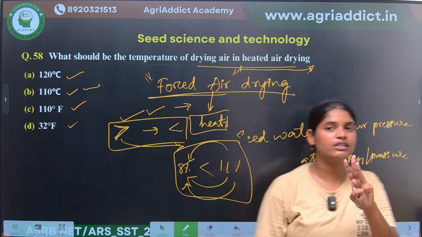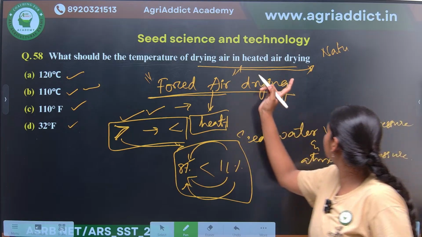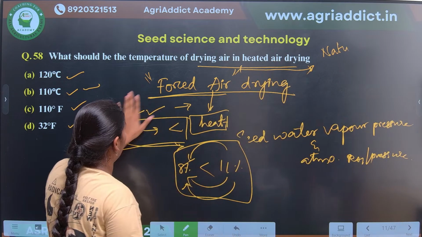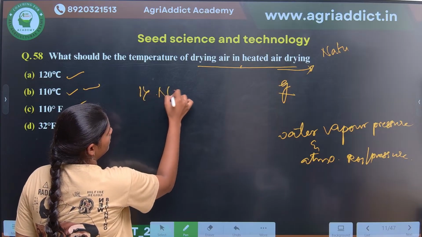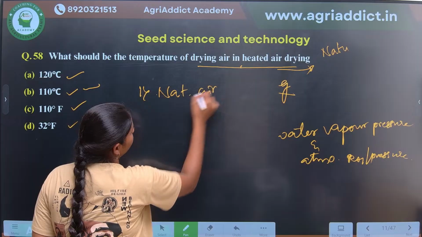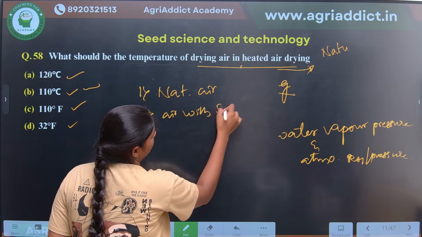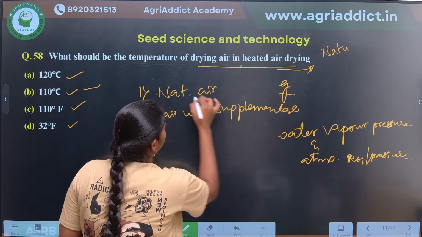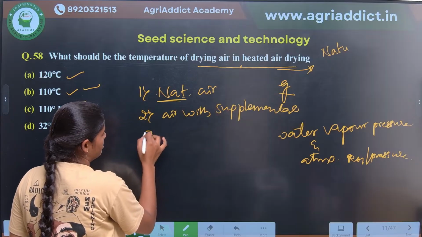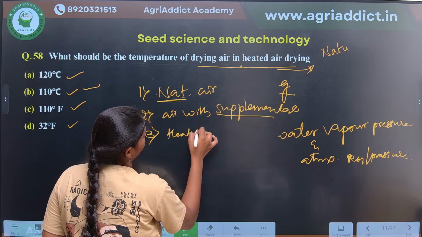In that, we have three types: natural air drying, air with supplemental heat, and heated air drying. You have to remember these terms, because just remembering them will give you the explanation.